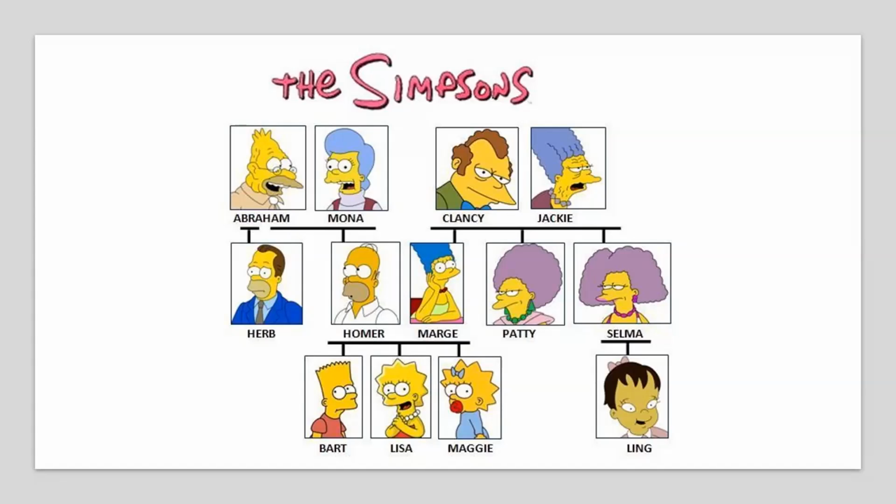If it was around Herb and Homer, then they would be in the middle and in order of age. Marge would still be to the side, but it's focused on the main couple. So if you are married, you're going to be right in the middle beside your spouse.